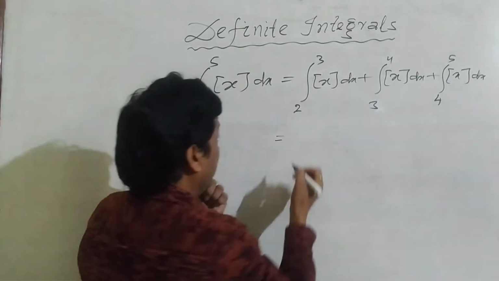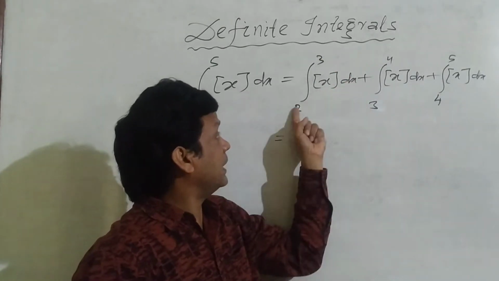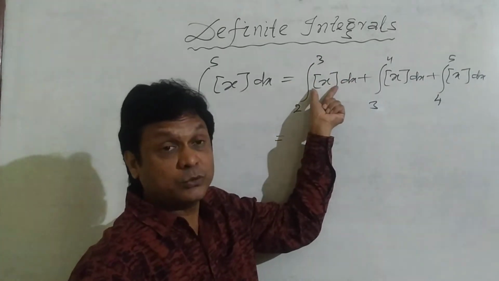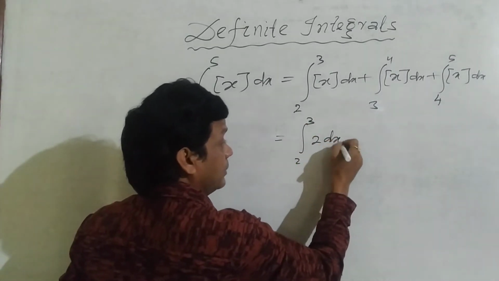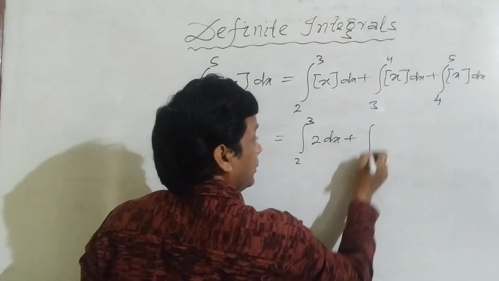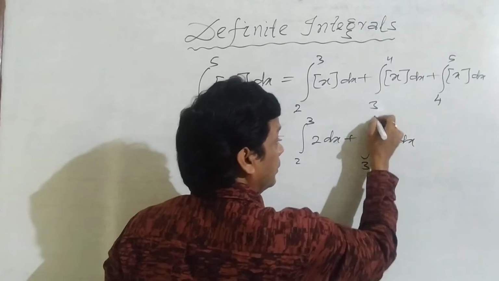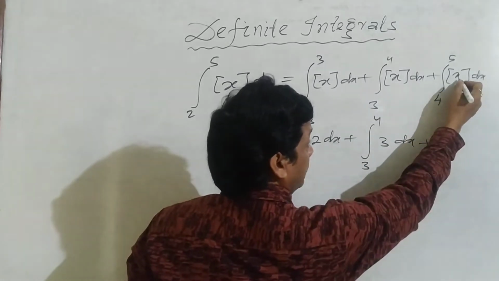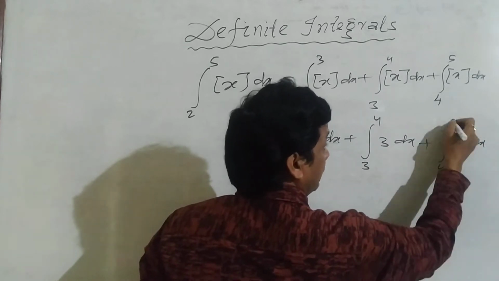See here, the value of x lies between 2 and 3, and the value of bracket x will be 2. So 2 to 3, 2 into dx. Here the value of x lies between 3 and 4, so bracket x will be equal to 3. So 3 into dx, and the limit is 3 to 4. And here the value of bracket x will be equal to 4. 4 into dx, 4 to 5.